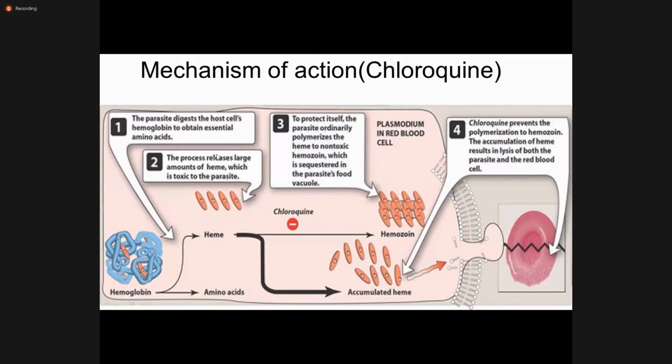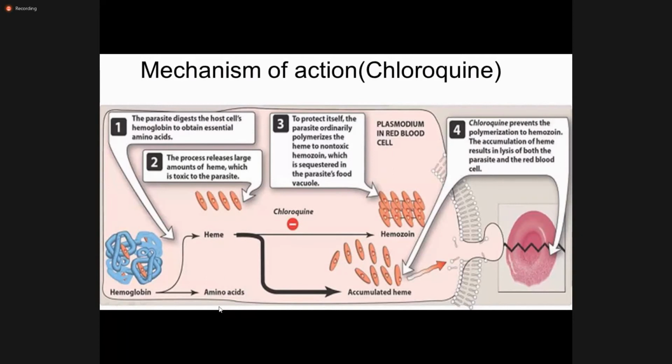So when it comes to the red blood cells, it basically affects hemoglobin. And what it does, it breaks the hemoglobin into heme and amino acids. The target of this parasite is to take amino acids as an essential nutrient for its growth. So the target of this parasite is to take amino acids from the hemoglobin and then multiply itself.